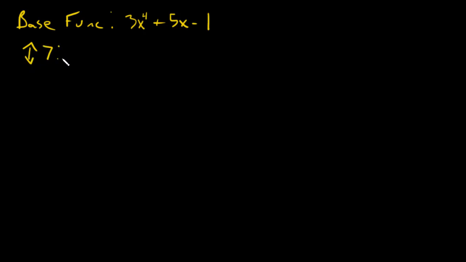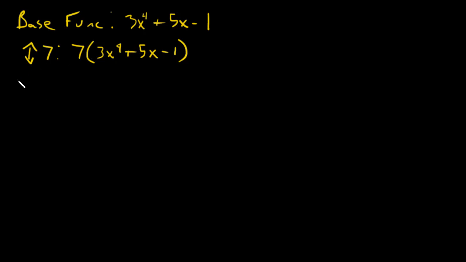Well, in order to do that, all I have to do is a vertical transformation. So first thing I do is I put the whole thing in parentheses because it's going to affect the entire function. Alrighty? So how do I stretch it by 7? I multiply it by 7. That's it. That's how you stretch it vertically.